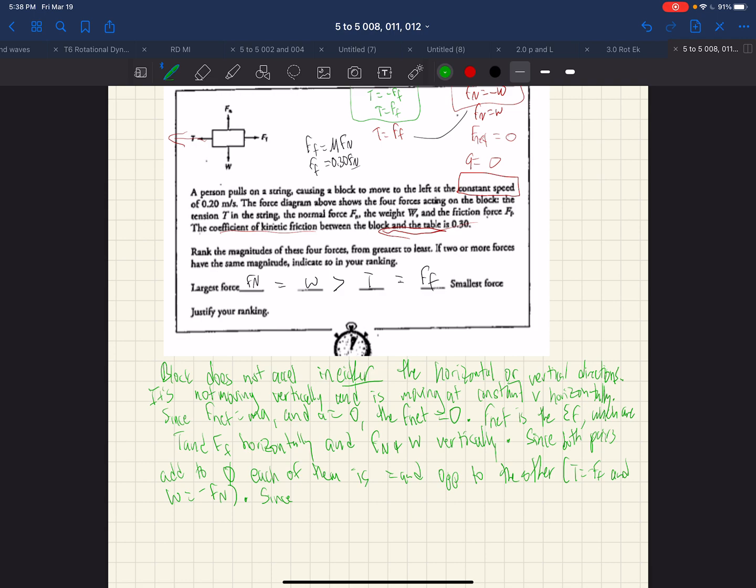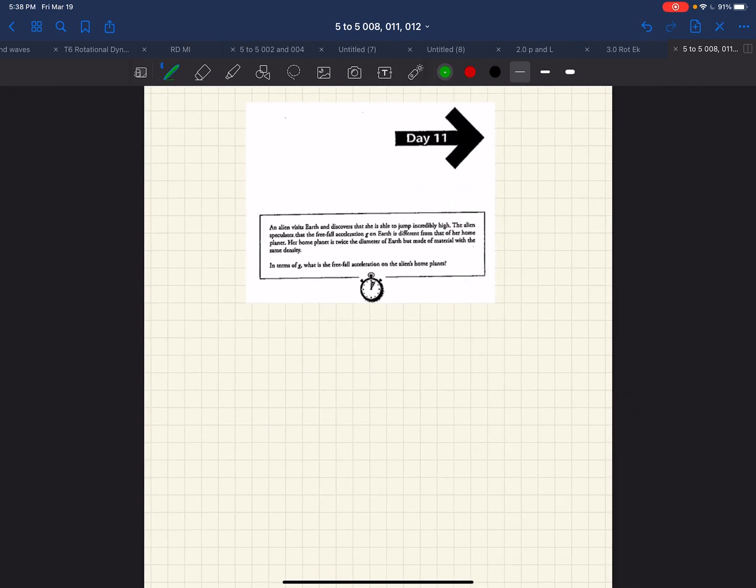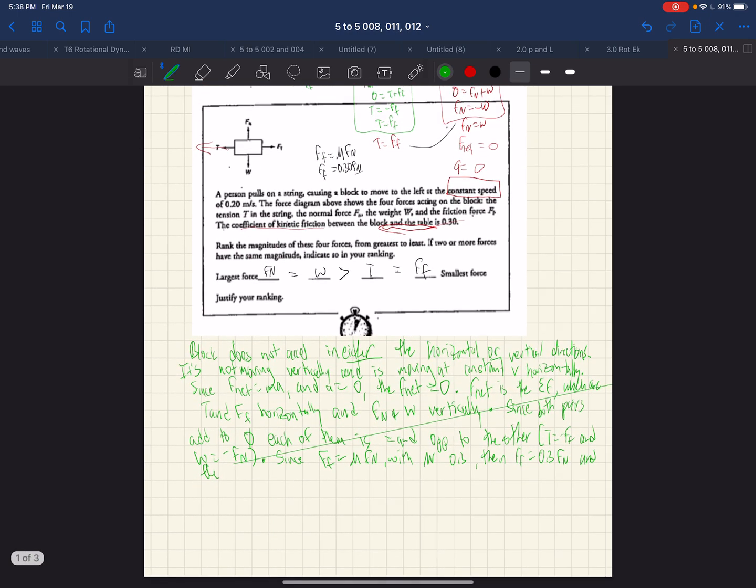Since the force of friction is mu Fn, with mu 0.3, then the force of friction is 0.3 Fn, and the force of friction must always be less than Fn.